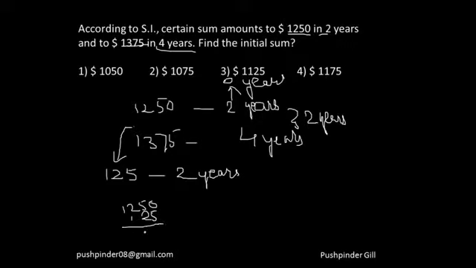I hope everyone is understanding what I'm trying to show here. It's going to be 1025, I'm sorry, 1125. In a period of 2 years it increased by 125. If I go back by 2 years, it will again be a difference of 125. That means it will be 1125.